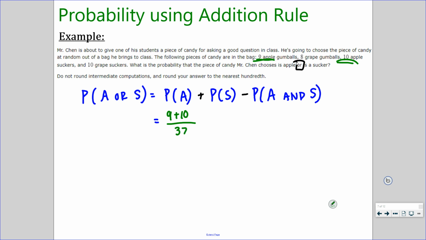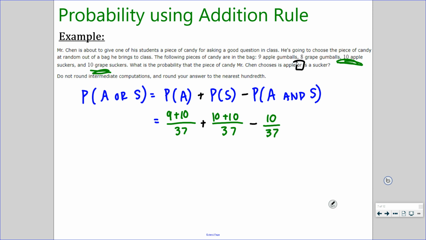Add up all the candies. Plus the probability of having a sucker would be 20 out of 37, minus the overlap. There are 10 apple suckers out of 37.